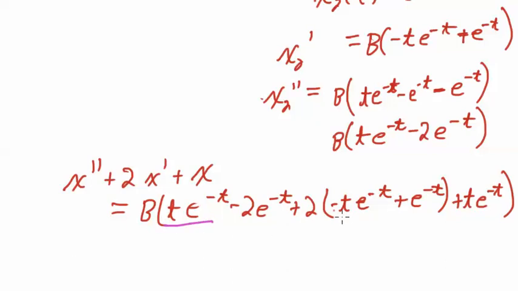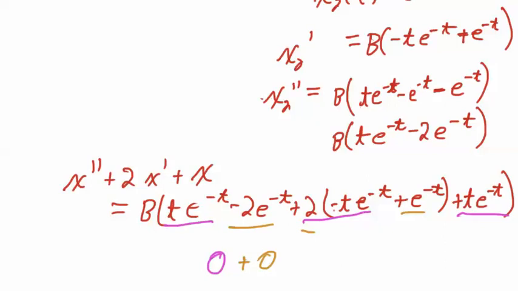We've got the t e to the negative t minus 2t e to the negative t plus t e to the negative t comes out to be 0. And then we have the negative 2e to the negative t plus 2e to the negative t also comes out to be 0.